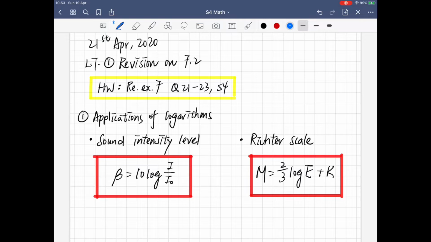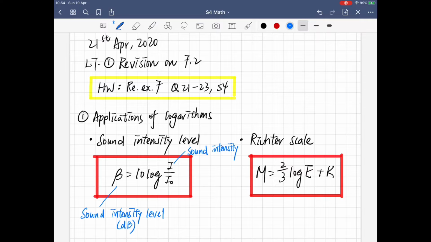Okay, so for the beta, it represents the sound intensity level, which is measured in decibel, dB. And for the I, it represents the sound intensity.